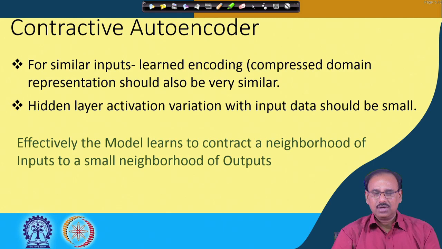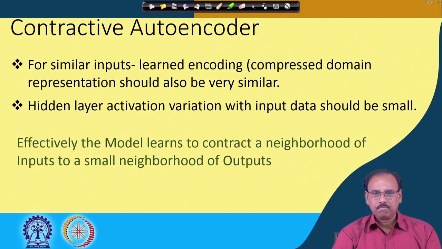Okay. So, this ensures that similar inputs, in a small neighborhood at the input, will also be contracted to a very small neighborhood at the output. That is what this contractive autoencoder does.